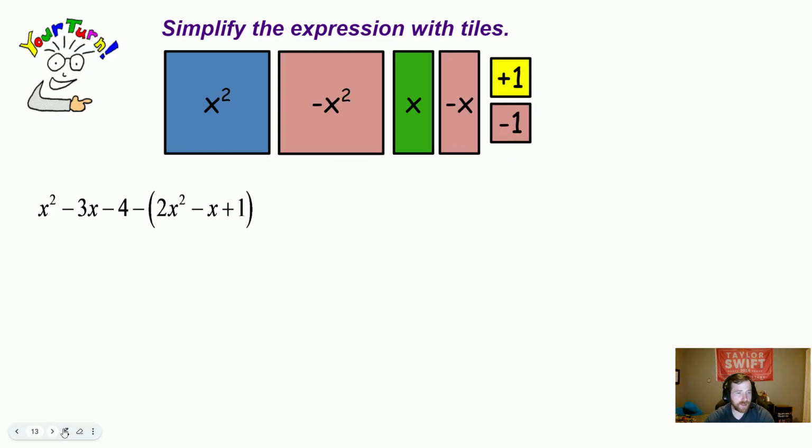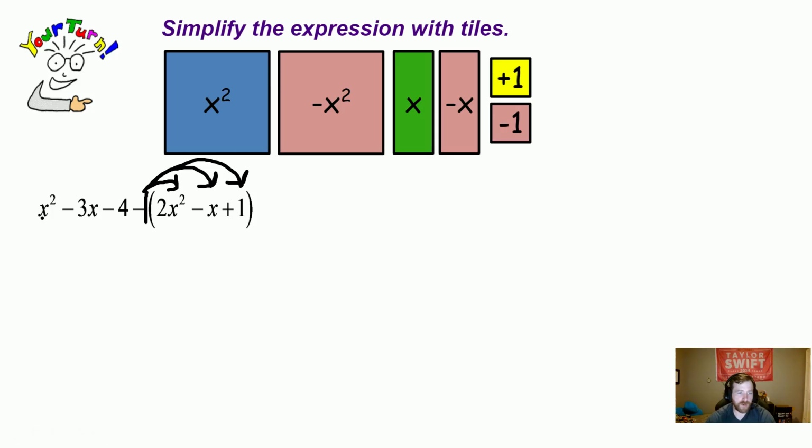Let's take a look at subtraction here. I have one right here. So once again, we want to be thinking about what is outside this parentheses. What is distributing in here? I have a minus sign right here. This is a -1 that is going to distribute inside my parentheses. And remember, distribution is just a fancy word for multiplication. So I'm going to multiply all of these terms by -1 individually, and that's going to change the sign to the opposite.